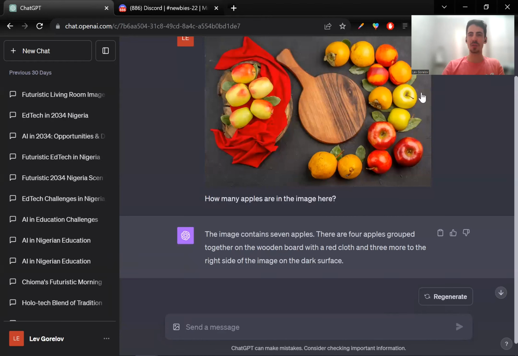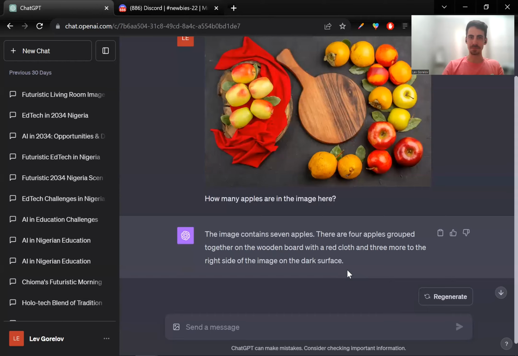So I could see why it would think that these are not apples because they're so green. But it obviously mistakenly counted the apples on the red cloth because there's clearly 5 of them. But it did correctly count the 3 in the corner, and it did correctly identify that these are not apples, these are persimmons, and these are not apples, these are peaches.